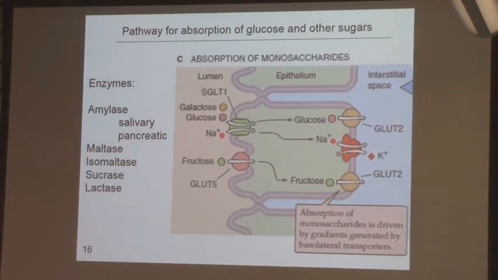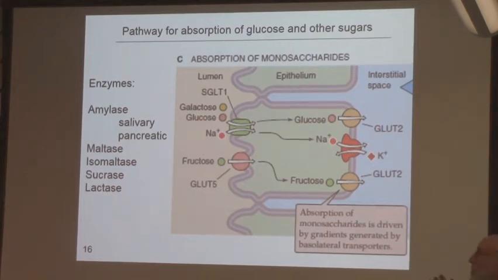What happens to galactose when it's pumped into the epithelium? Galactose and glucose can both be carried by the glucose uniporter. Into the interstitial space? Yeah. So this is a good option.